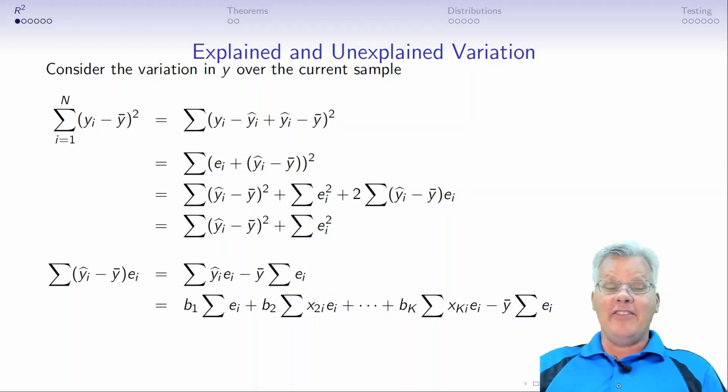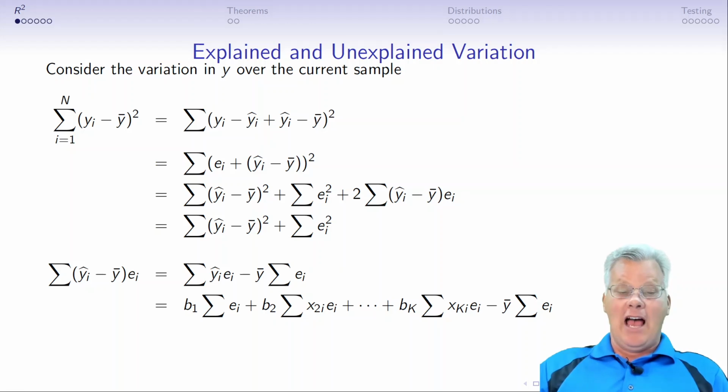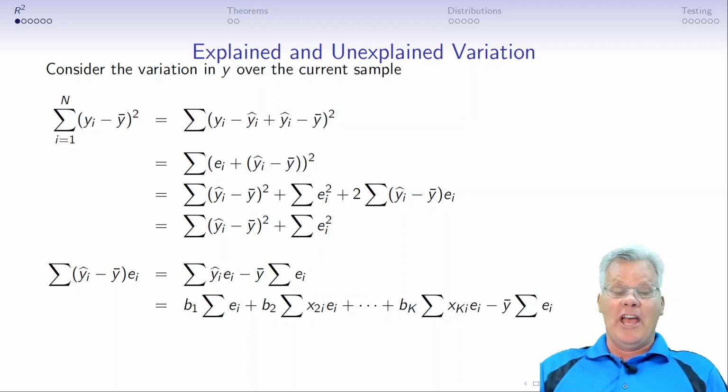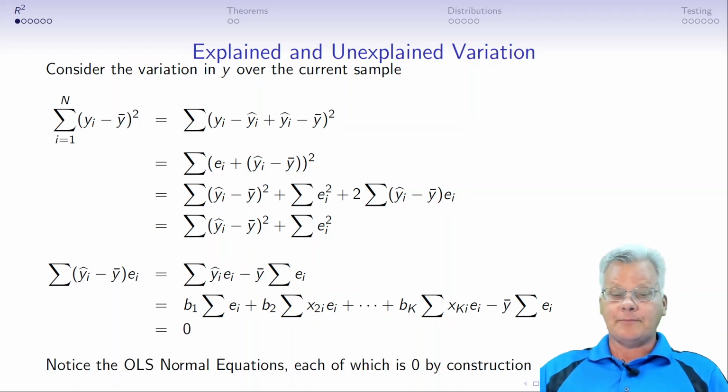Now if I expand this out, you remember that in the multivariate case, y hat i is equal to b1 plus b2 times x2i plus b3 times x3i, etc., up through b sub k times x sub ki. So I've taken the definition of the estimated point y hat i and applied it, and I have this new equation on the right.